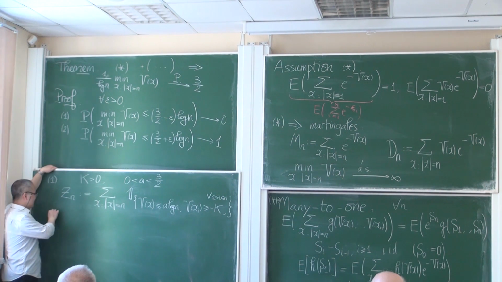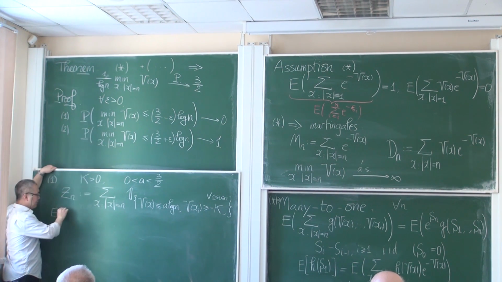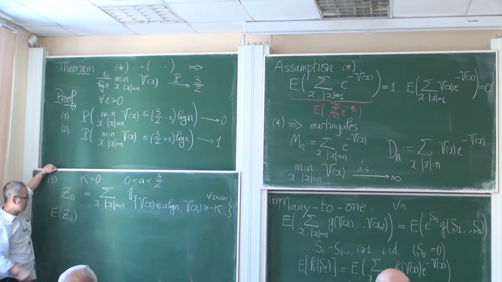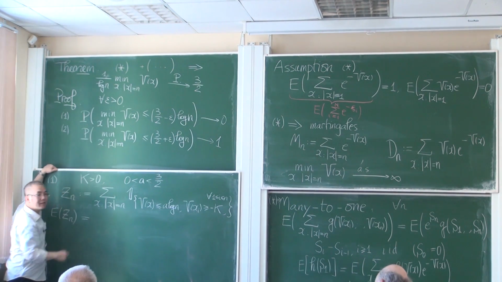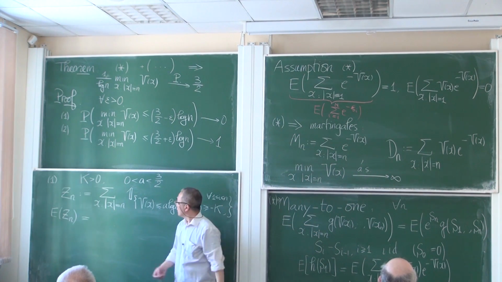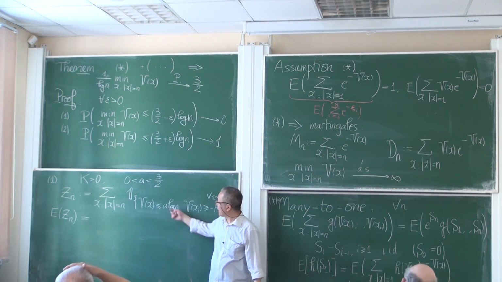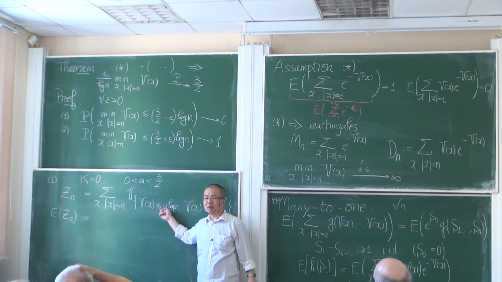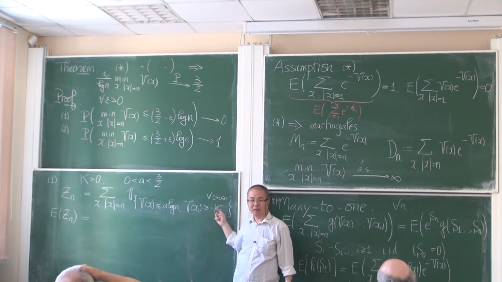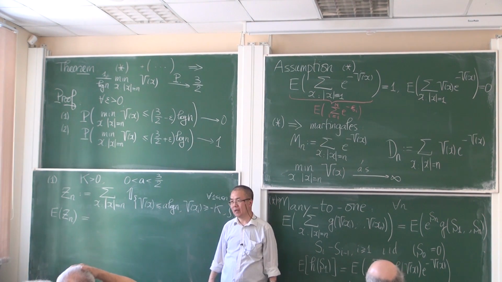And it turns out that Zn is very small. It's very easy to prove that it goes to 0 in L1. So if I take the expected value of this, then I can use the many-to-one formula, with the g here being the indicator function that the last component is smaller than this one, whereas all the components should be greater than minus K. Yes.